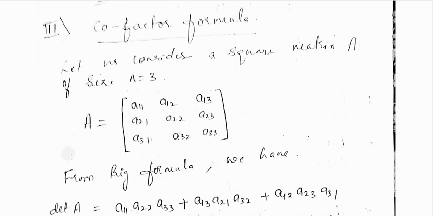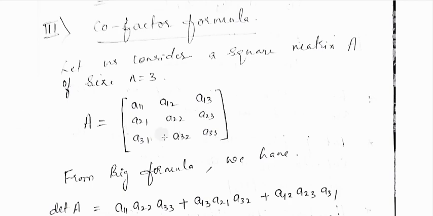That is the question. If it is 2 cross 2 or 3 cross 3, nothing to worry. If it is of higher order, then a little bit carefully we have to expand the determinant. Already we are all familiar with the cofactor formula. Now let us study one more time.